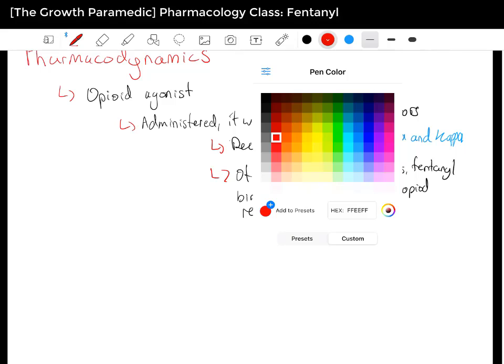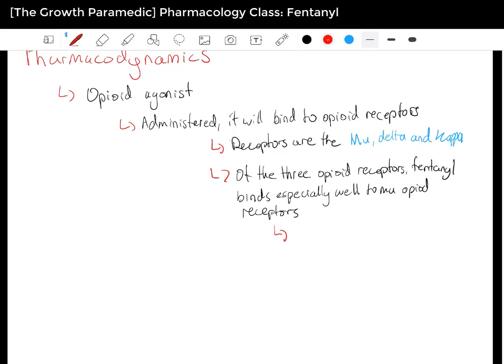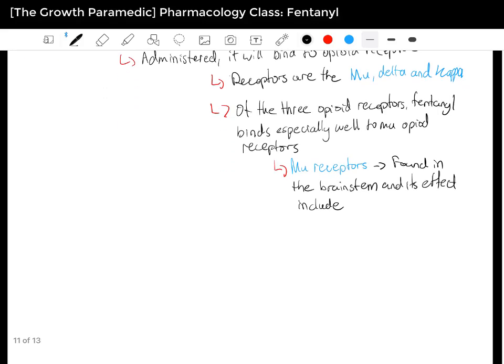And for clarification, we'll explain what mu receptors do. So mu receptors, they are found in the brainstem, and its effects include the following.